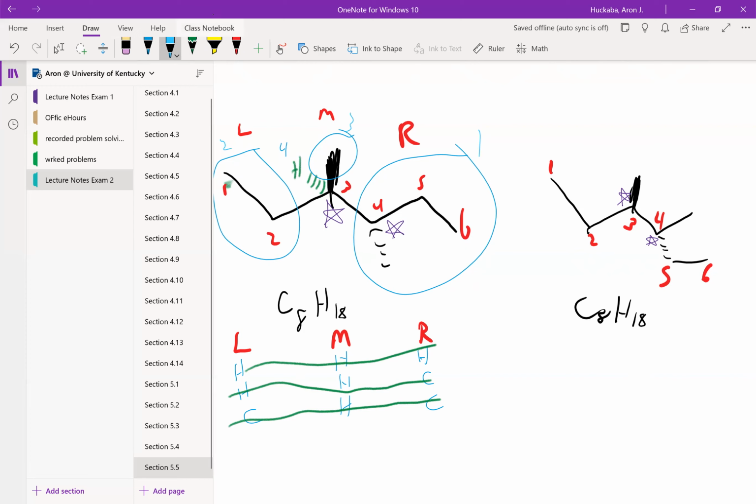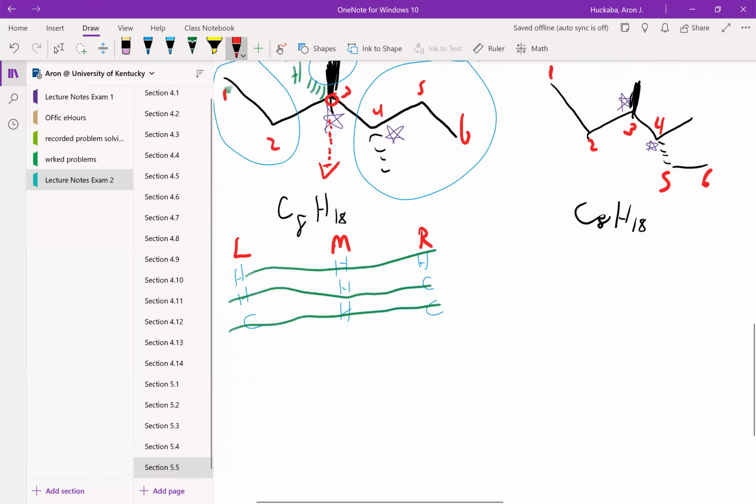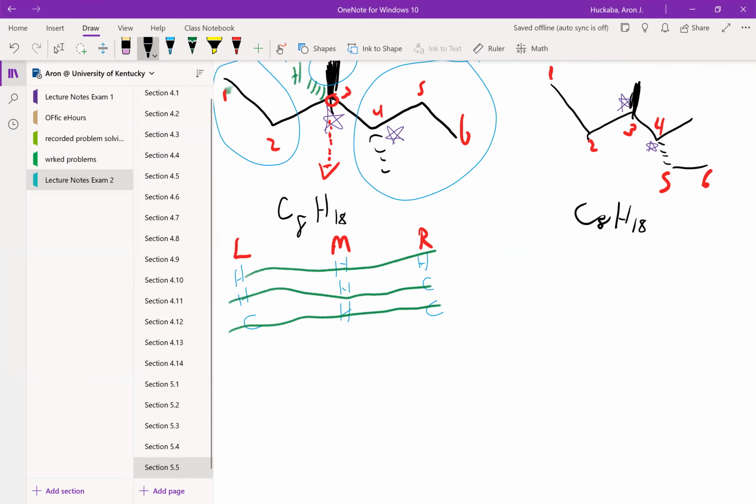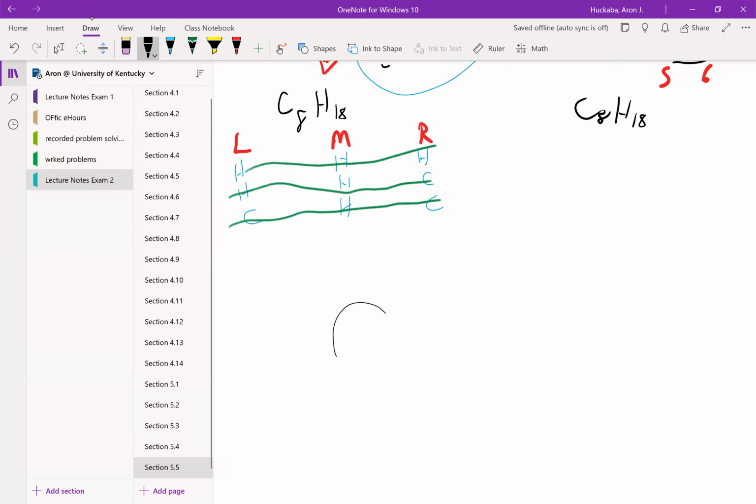So then we make our Newman projection on that carbon there. And when we do that, we end up with, let's see, this was CH3 going up.